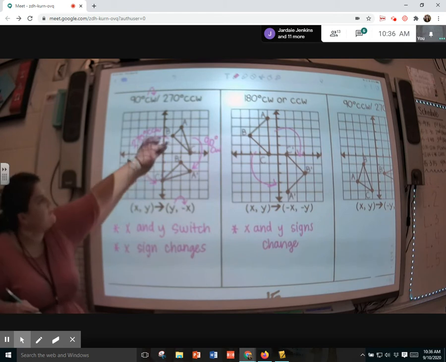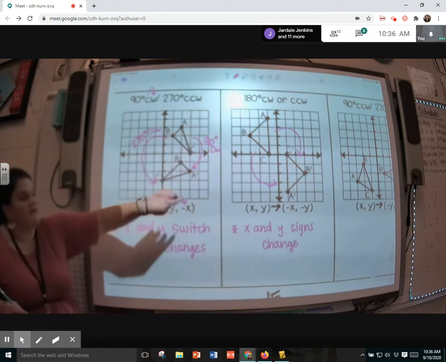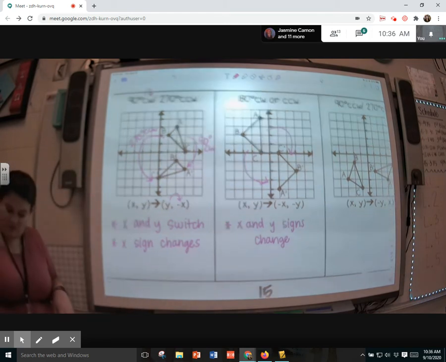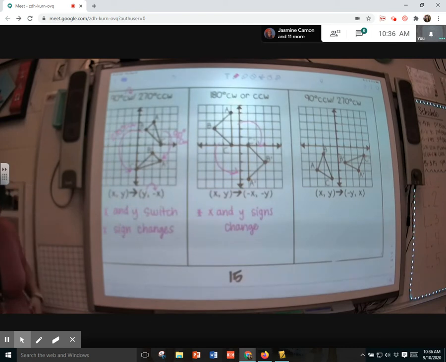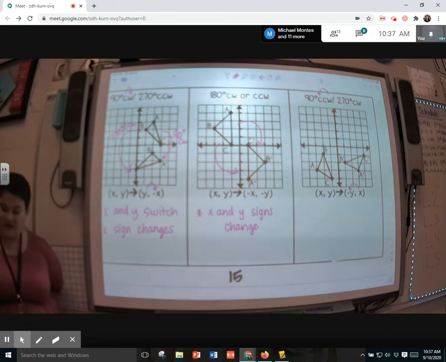So on this one, this is 90 degrees clockwise. That way will be 270 counterclockwise. Then on that last one, we're looking at counterclockwise with a 90. That means it's moving to the left, turning left. And so on the rule down here, notice that the negative is on the left. So it follows that arrow with the counterclockwise.